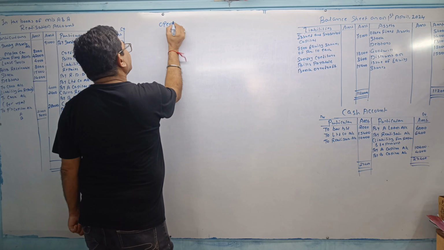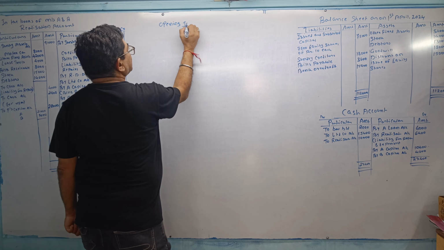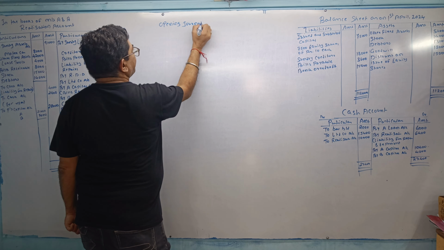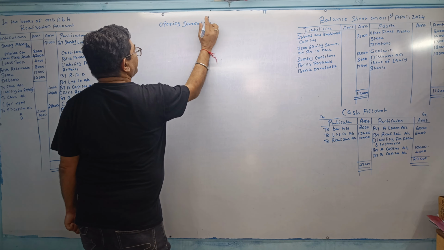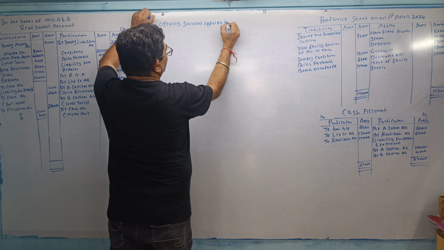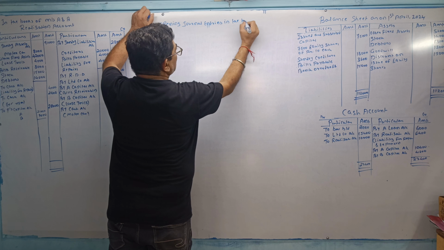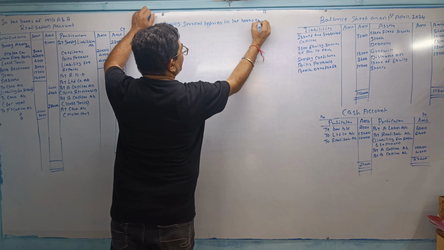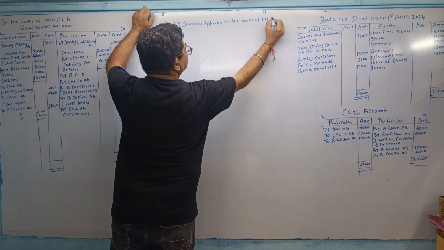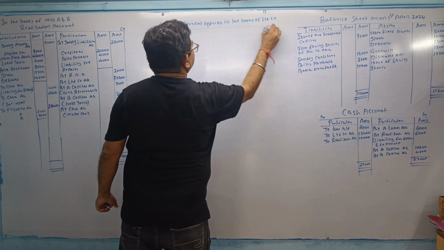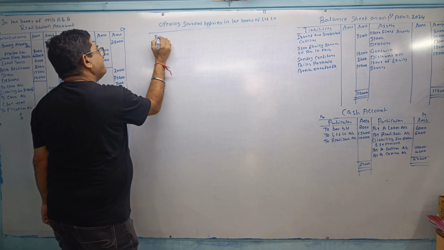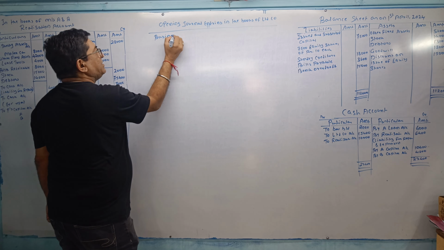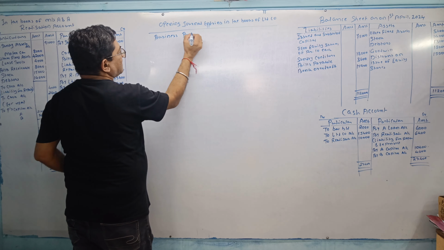So now opening journal entries in the books of limited company. So first entry, business purchase account debit.